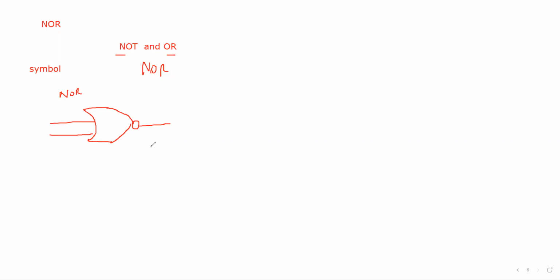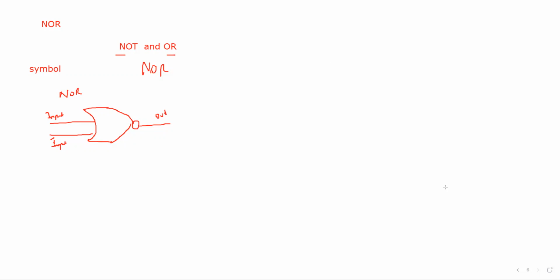If you remember, for an OR gate, we get the result by addition. But the final result will be inverted. Like this one is input. This one is also input. That's the final output.